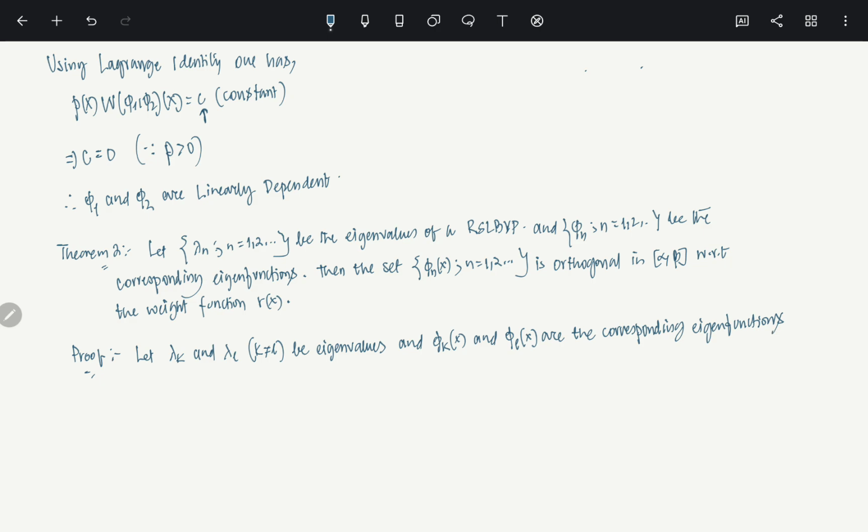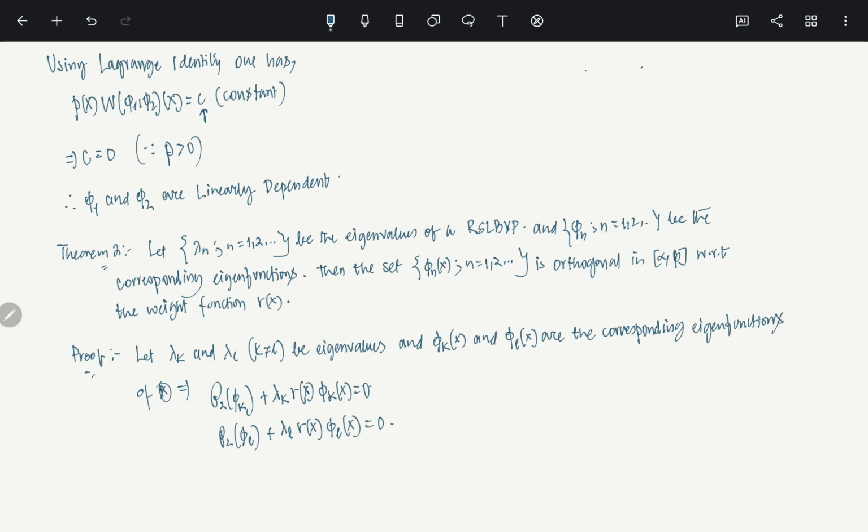Since phi k and phi l are solutions, we have this equation: p2 of phi k plus lambda k R(x) phi k(x) equals 0, and p2 of phi l plus lambda l R(x) phi l(x) equals 0.